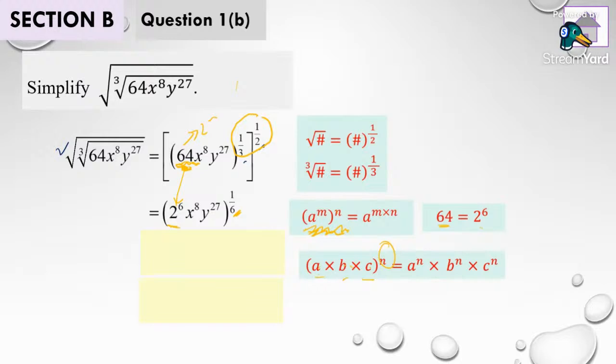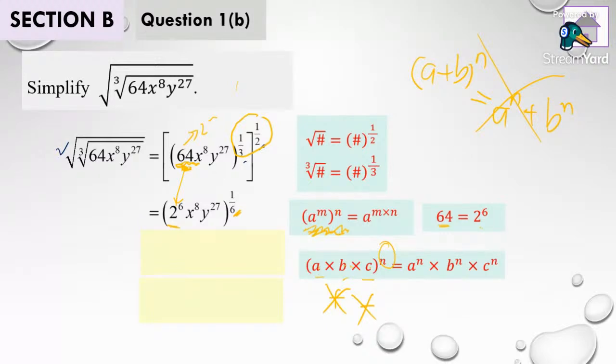And this calculation is not valid for plus and minus. Kalau plus and minus tak boleh buat macam itu. Contohnya, A plus B power of n, you tak boleh kata A power of n plus B power of n. Ini salah. Same goes for minus. It only applies for the case of multiply or divide. Such expansion of power only applies for multiply and divide.